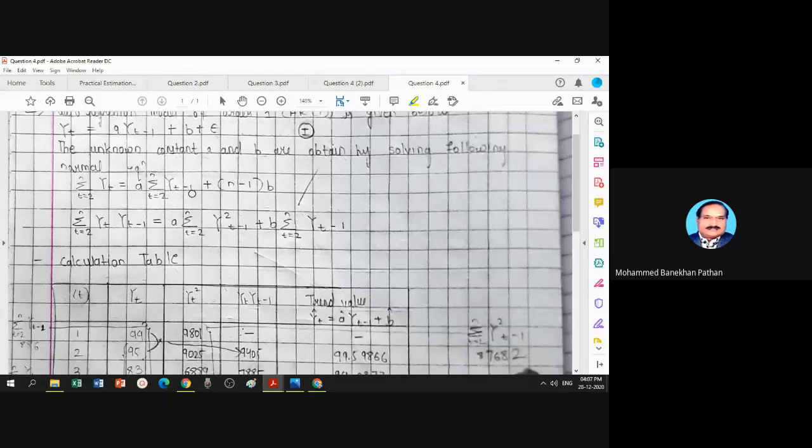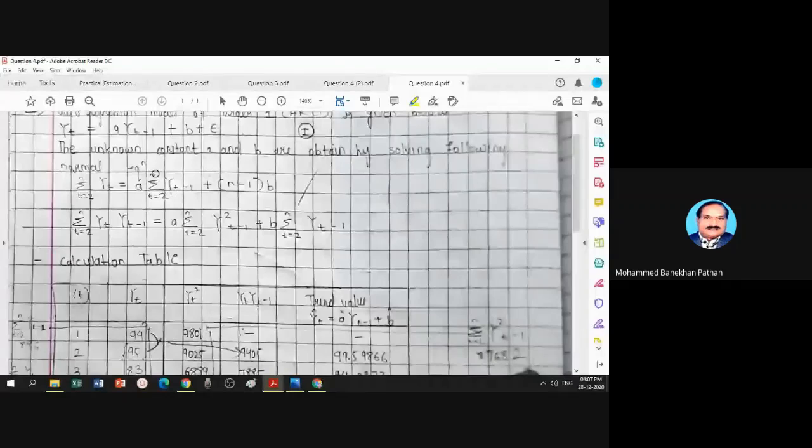Now t is 2, put it here, so it starts from y1. So this total starts from 1 and stops at n minus 1. See what I'm telling you. On the left hand side, the calculation starts from 2 up to the last. Here, the calculation starts from 1, stops at the second last value, not the last, plus n minus 1 times b.